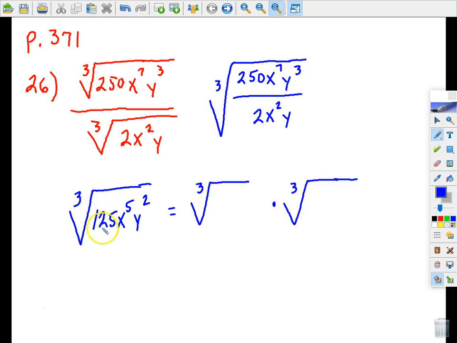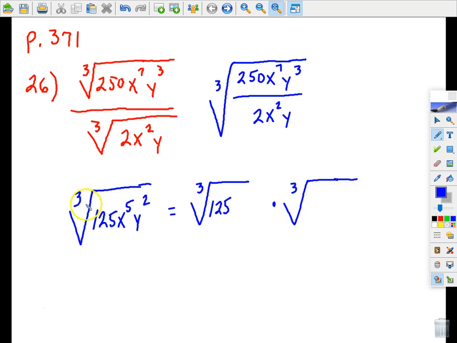So I noticed the number 125, and hopefully we're getting used to the perfect cube numbers. 125 does have a cube root. So I'm going to put it on the left side, which represents all the perfect cube numbers or variables.